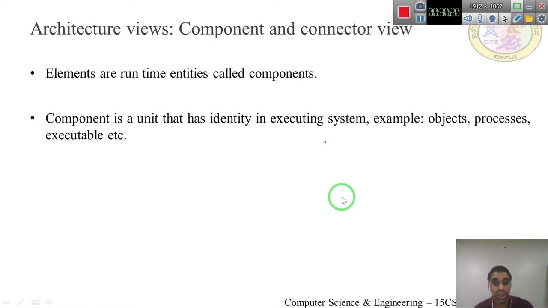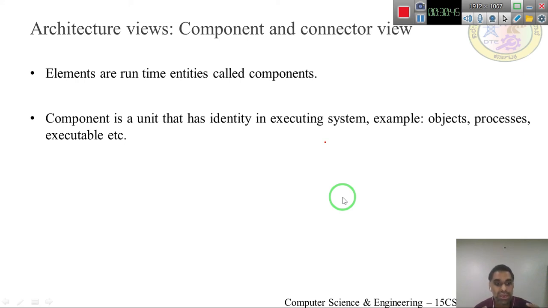So to answer this question, component and connector view would be the most appropriate one. Then second question would be what are the major shared data stores, and third question would be which parts of the system are replicated. So to answer these questions you would get it when you go through component and connector view.